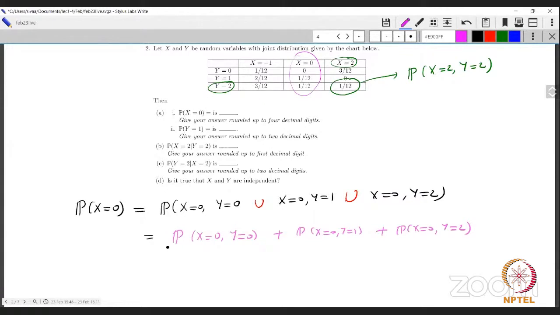So what's the answer? I have 0 when x is 0 and y is 0, plus 1 over 12, plus 1 over 12. So I would get 2 over 12, that is 1 over 6.